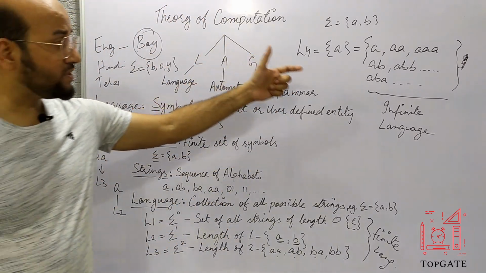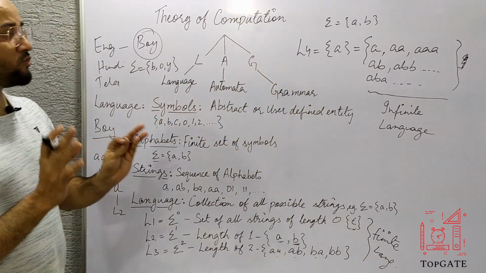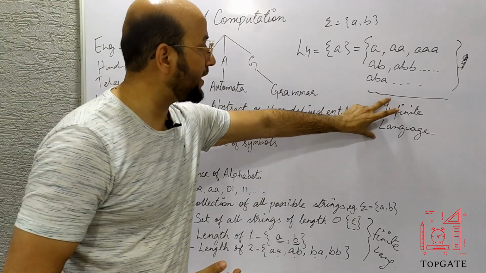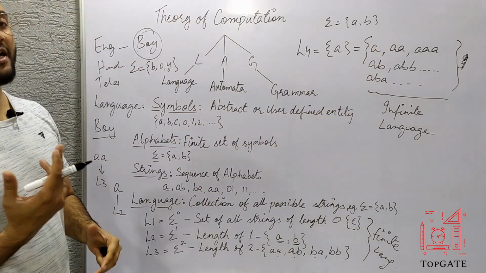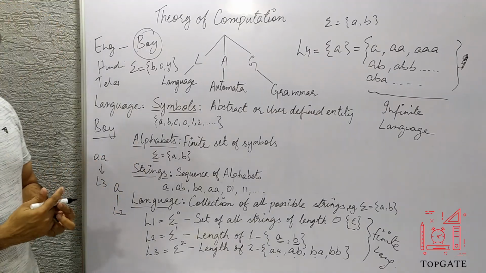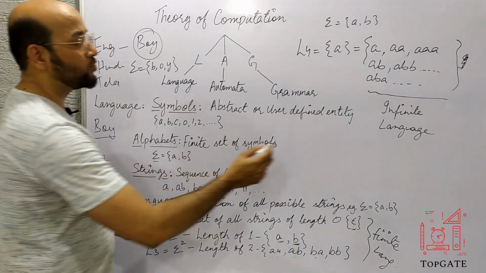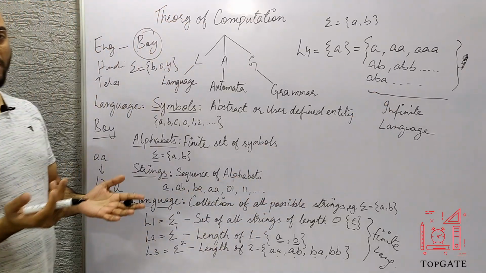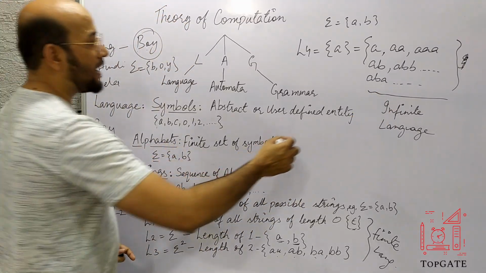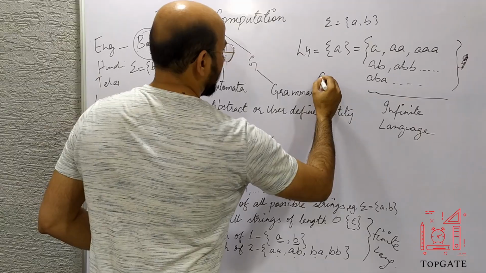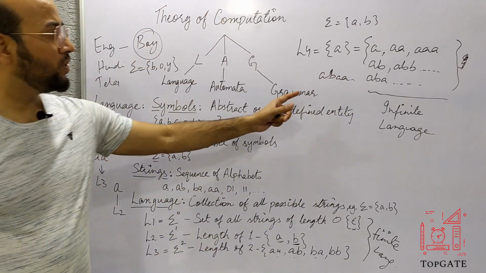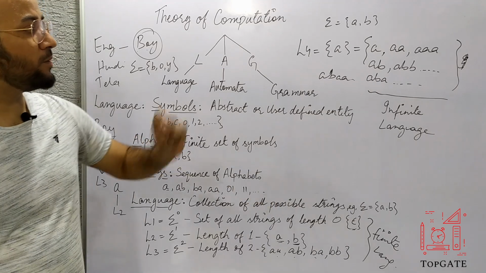Now if the language is infinite, that is, the number of words in this language is unknown, I am not able to store this infinite number of words in a finite memory. Since the memory that we have is finite, we cannot store all the words of this infinite language. Suppose I give you ABA and ask which language this word belongs to.